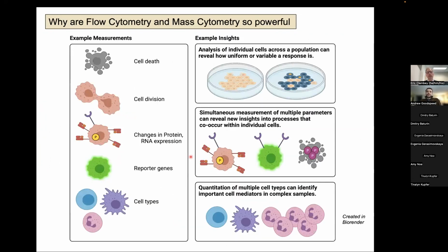So some example measurements of what these technologies can measure include cell death, cell division, changes in protein and RNA expression, reporter gene expression, as well as identifying cell types and cell identity.